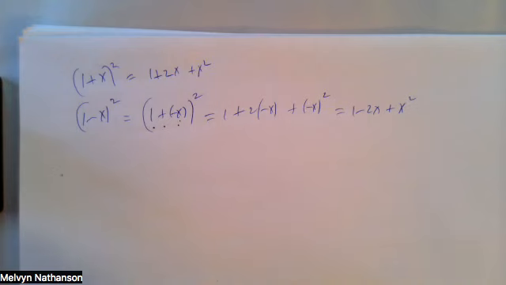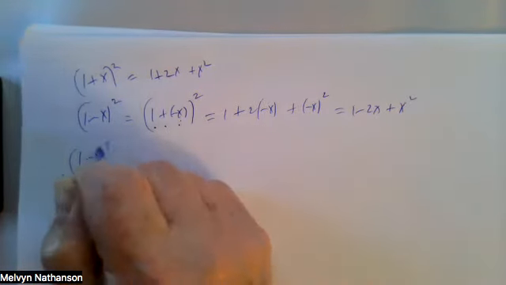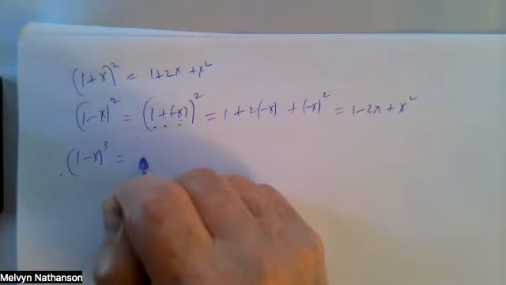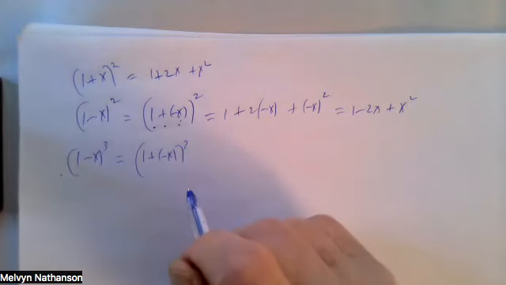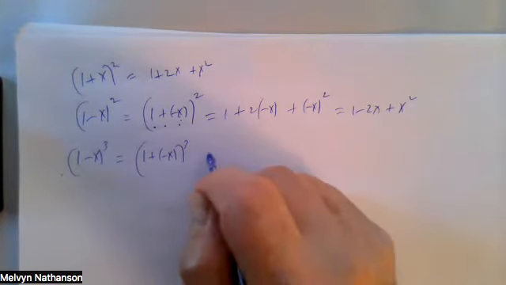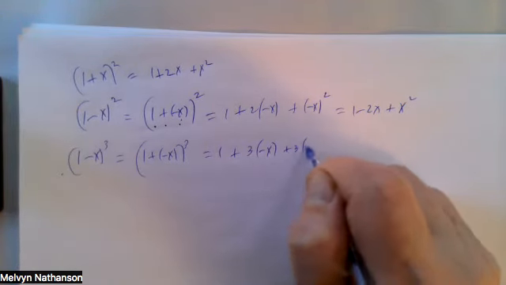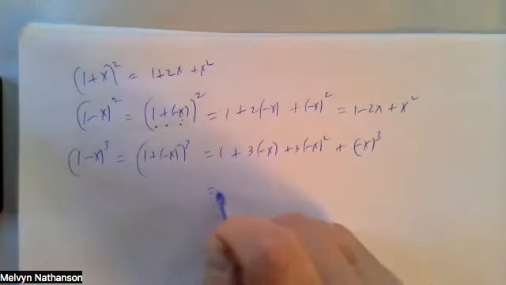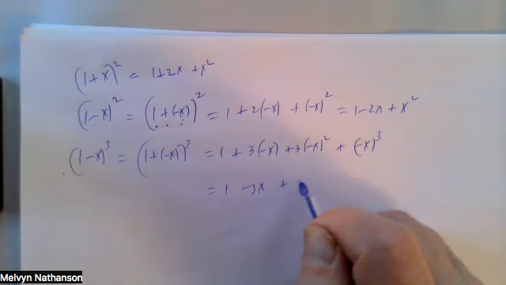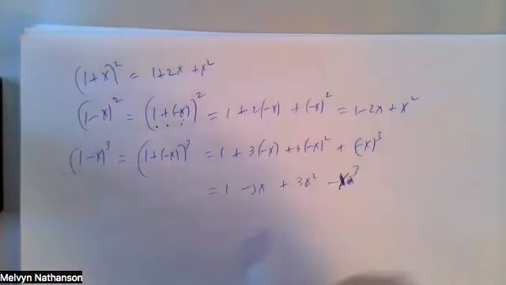Right? Do you see that? Yeah. Kind of clever. If you take 1 minus x cubed, that's like 1 plus minus x cubed. When you expand the cubic, you get 1 plus 3 times minus x plus 3 times minus x squared plus minus x cubed, which is 1 minus 3x plus 3x squared minus x cubed.